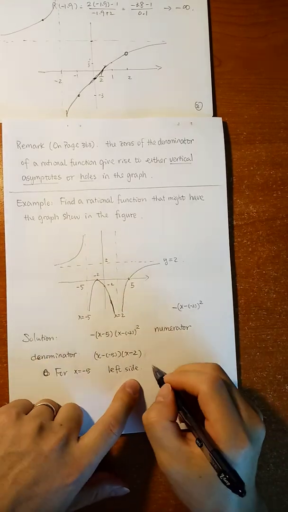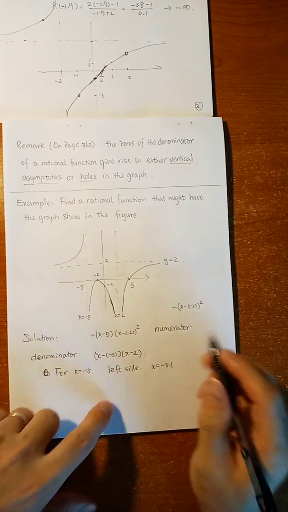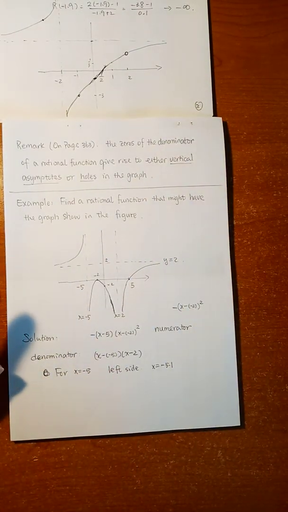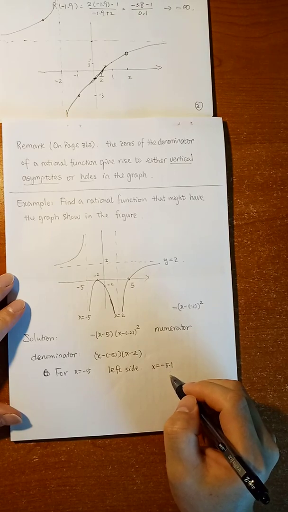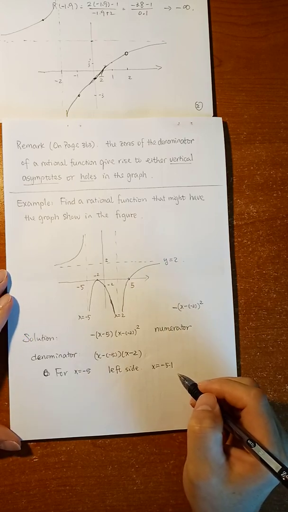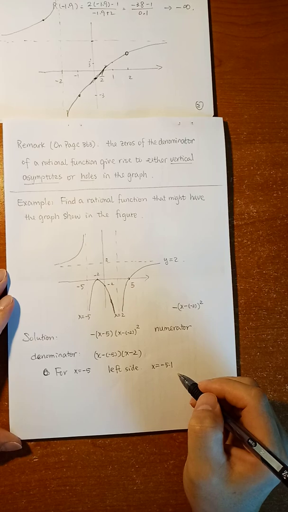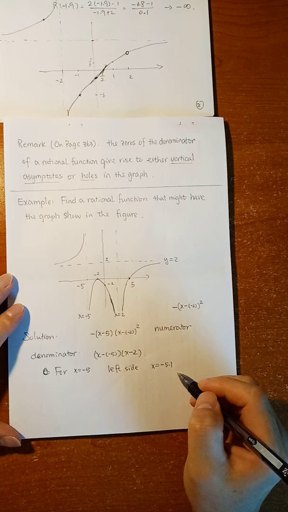On the left side, we choose x equal to -5.1. X equal to -5.1, and then let me see.